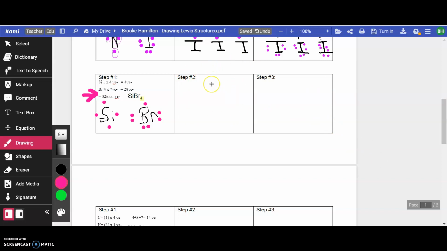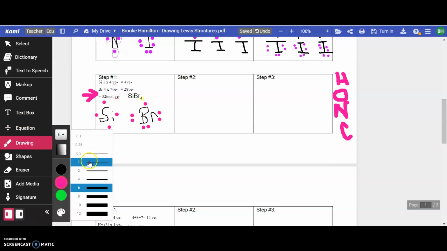Step 2, we need to identify the central atom, and to do so, it's going to be whichever one makes the most amount of bonds. So in this case, we have the HONC rule, so H, hydrogen and halogens make 1 bond, O, oxygen and sulfur make 2, N, nitrogen and phosphorus have 3 bonds, and C, silicon and carbon make 4.